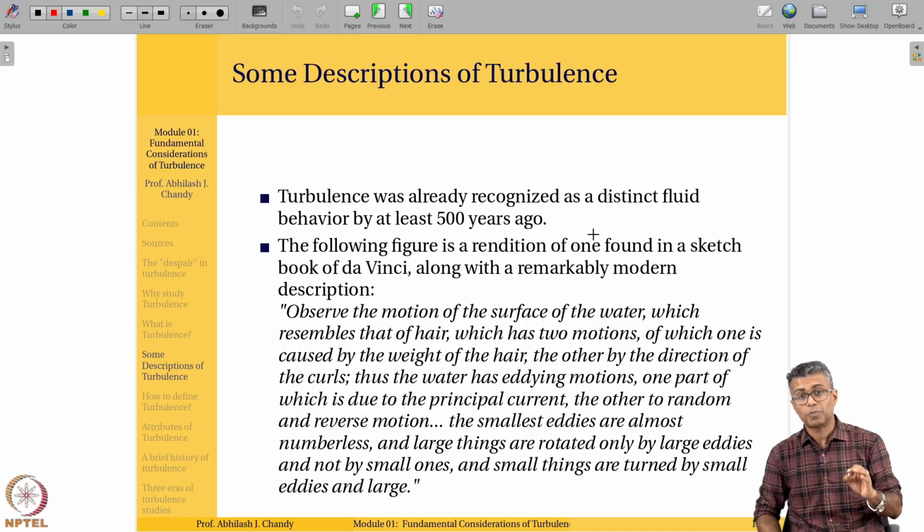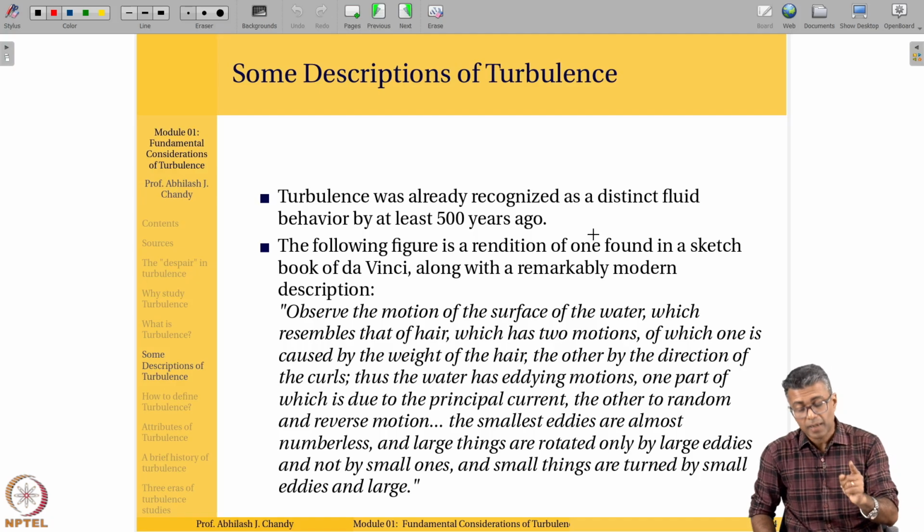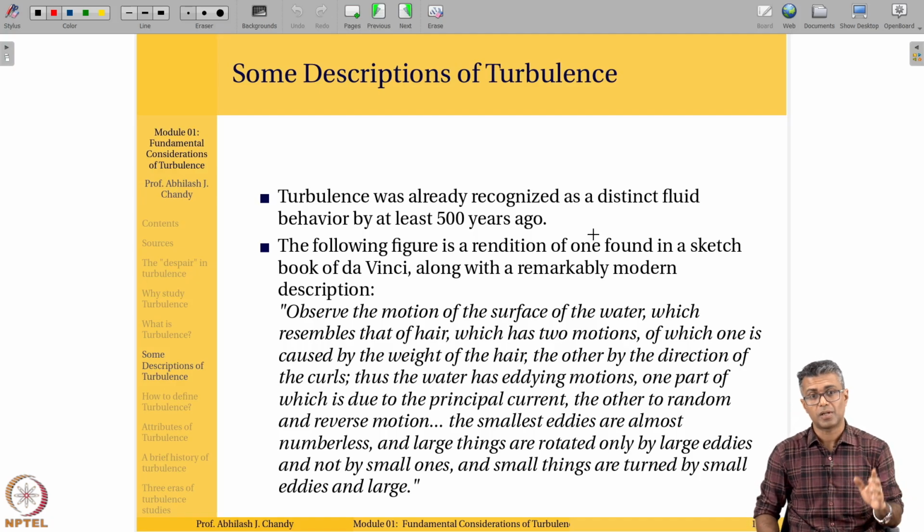So moving on, if I look at some of the descriptions of turbulence, because I have to answer the question, what is turbulence, right? These are some of the descriptions of turbulence. Believe it or not, turbulence was already recognized as a distinct fluid behavior 500 years ago. By whom? By none other than the genius Leonardo da Vinci.